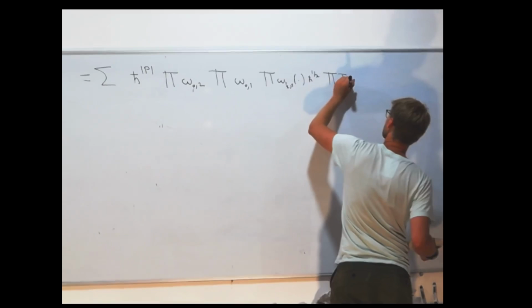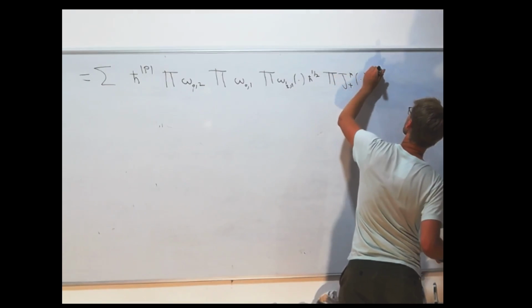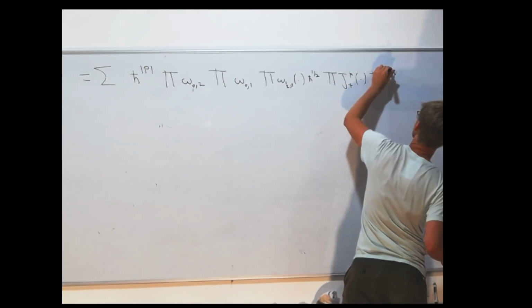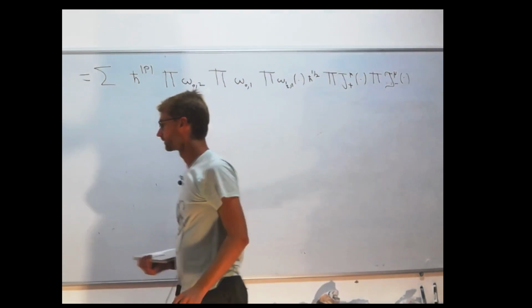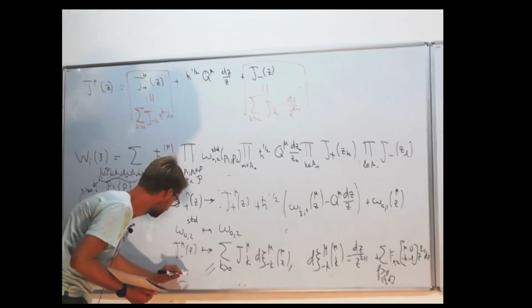We still have the j pluses, and I should give these curly j minuses. I'm just going to define this to be curly j minus. That's all we need.